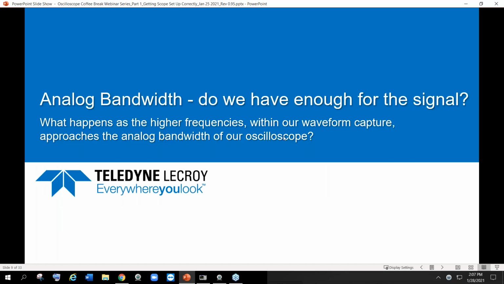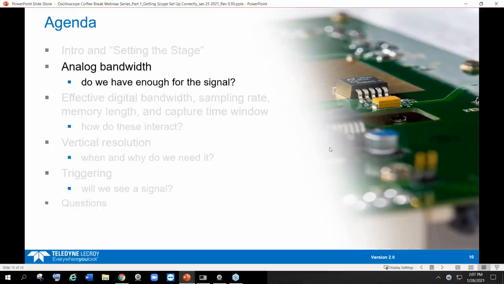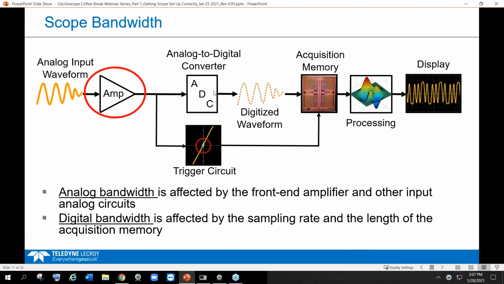And now let's focus on the analog bandwidth. A little coffee here. Okay, so do we have enough signal? As we use scopes, there are different specs we talked about, but this front end amplifier has a bandwidth, and we always like to try to push the limit on our oscilloscopes as circuits get faster and faster.